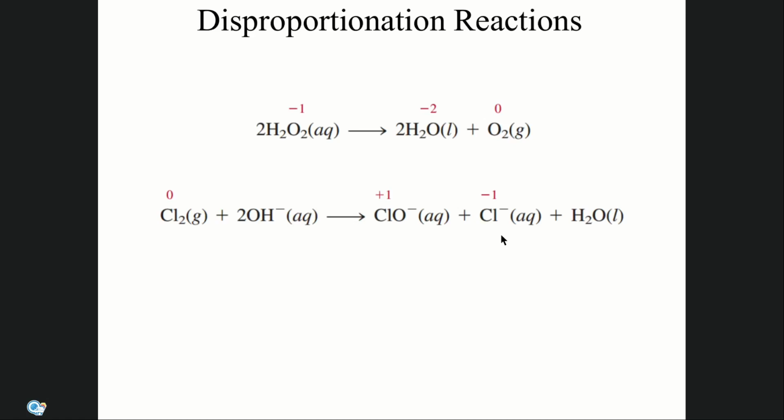For it is the hypochlorite ion, this one, that oxidizes the color bleaching substances in stains, converting them to colorless compounds. And chlorine has the charge +1. And also the chloride ion has a charge of -1. So it's also an example of a disproportionation reaction.